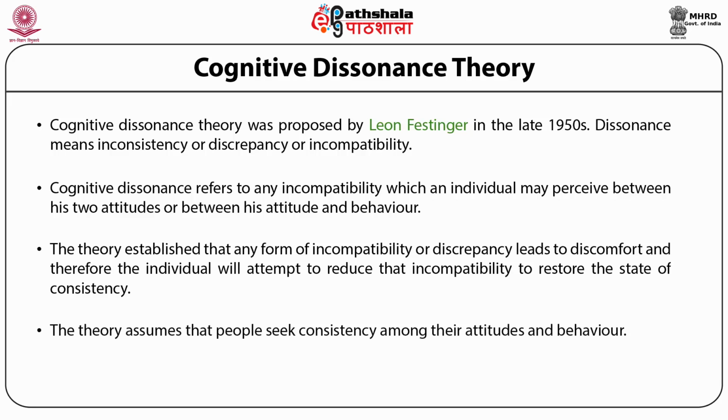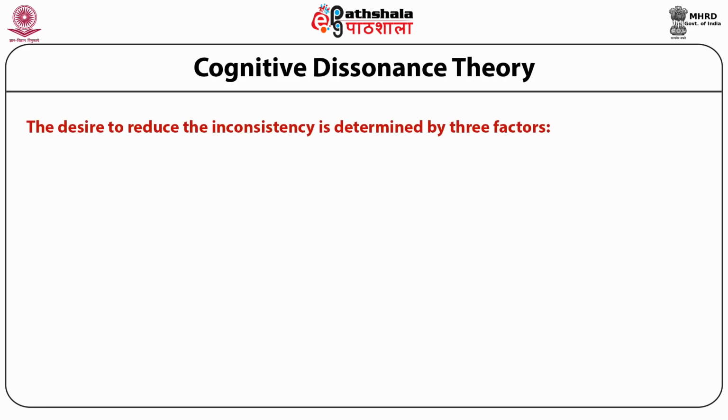The theory assumes that people seek consistency among their attitudes and behavior. Therefore, in order to achieve the same, they either change their attitude or behavior or develop rationalizations for the discrepancy. The desire to reduce the inconsistency is determined by three factors.